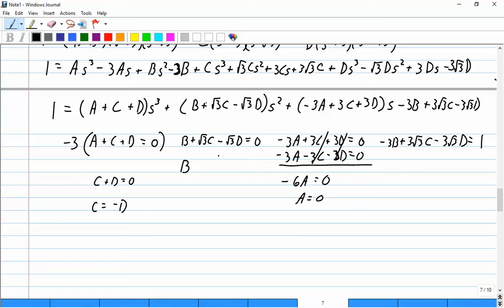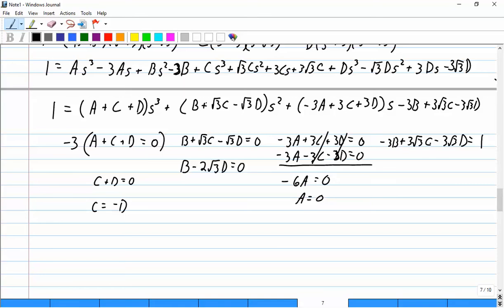And so I'd have b, if that's a negative d, that's going to be a negative square root of 3. Everybody see that? And what's negative square root of 3 and negative square root of 3? Right, that's negative square root of 3d, negative square root of 3d, that's negative 2 square root of 3d.